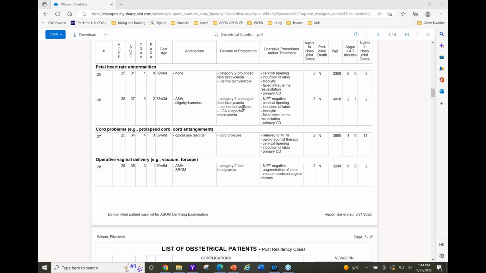Okay, so let me ask you this. What did you do for intrauterine resuscitation? This was maternal oxygen, as well as lateral position changes. Discontinued, well, I'm sorry, no, she had misoprostol, so the cervical ripening agent cannot be removed at that time. And that was all at that time.